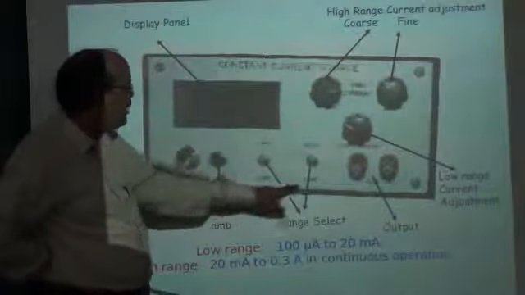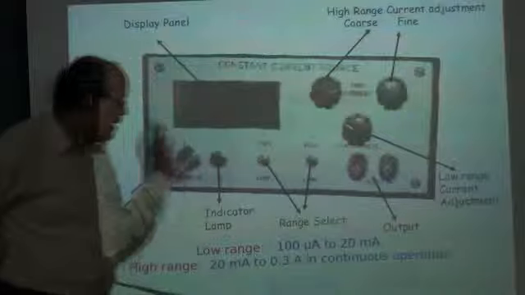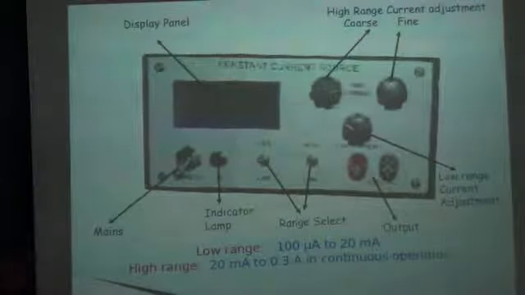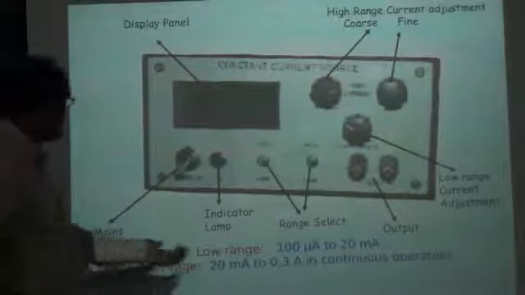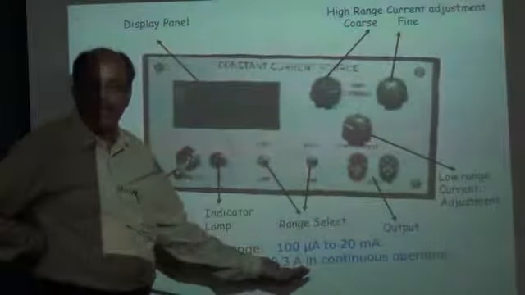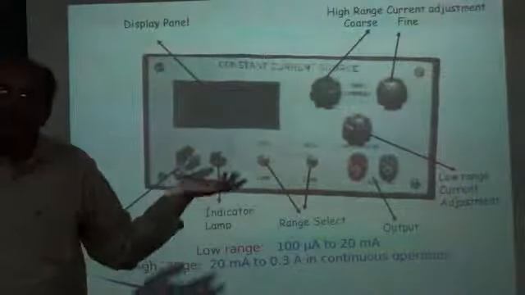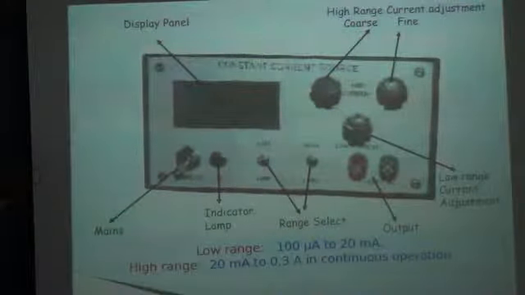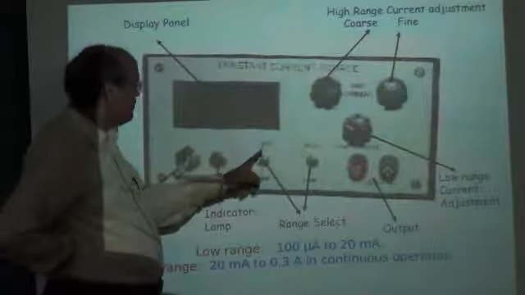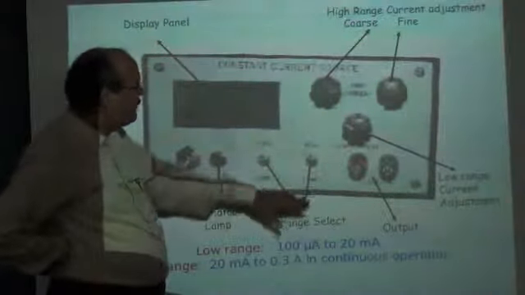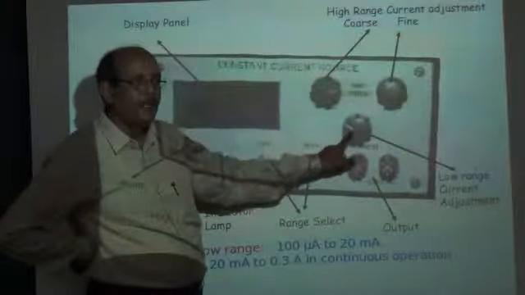So if you are using it in low mode, the low range, the current given by this CCS will be between 100 microampere to 20 milliampere, but in the high range it is 20 milliampere to 0.3 ampere. So depending upon the requirement in one experiment or the other, we have to use this CCS in low or high mode. First of all we have to select the low or high mode of operation of CCS. If it is in low mode, we control it by this knob.